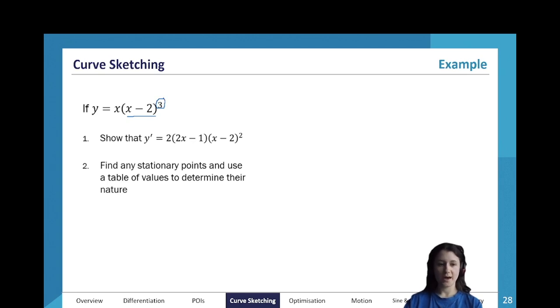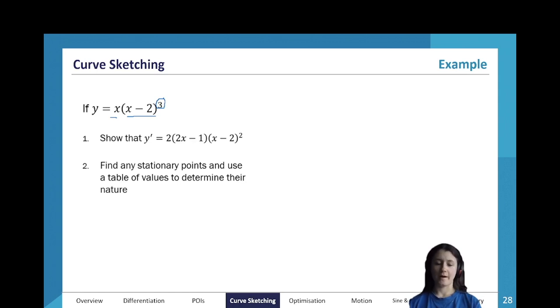What else do we have? We have a product. When you have a product of two functions, you need to use the product rule, right? When you have a product between two functions, you need to use the product rule. When you have a function to a power, you need to use the chain rule to derive.